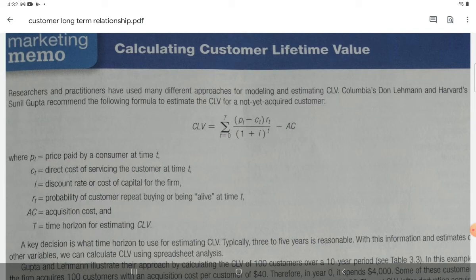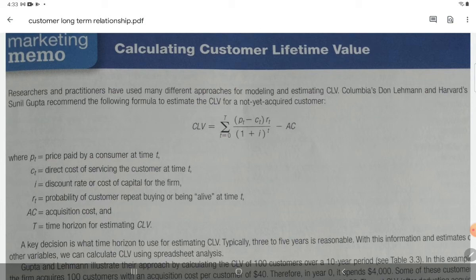So while discussing any formula, we need to get into the psyche of formula building.